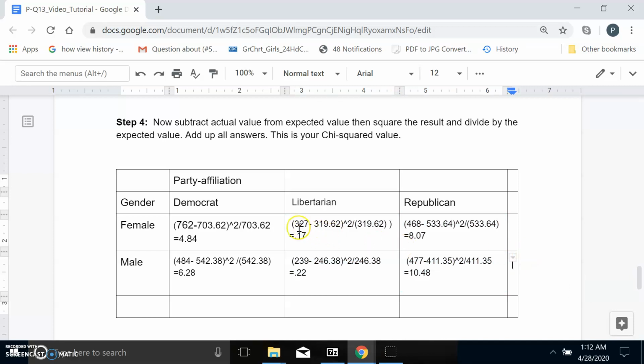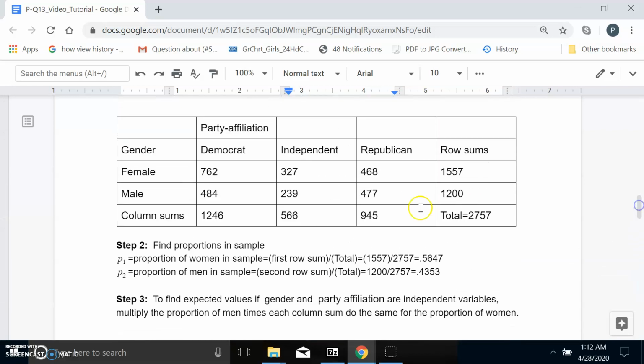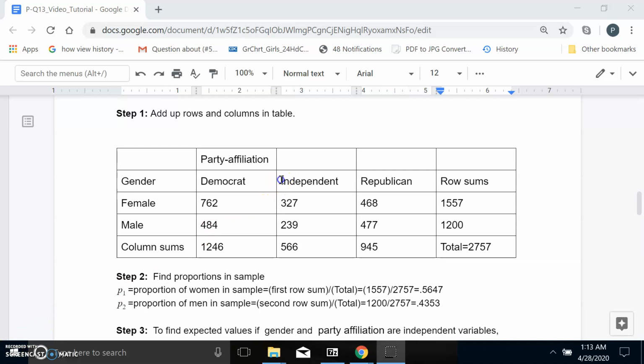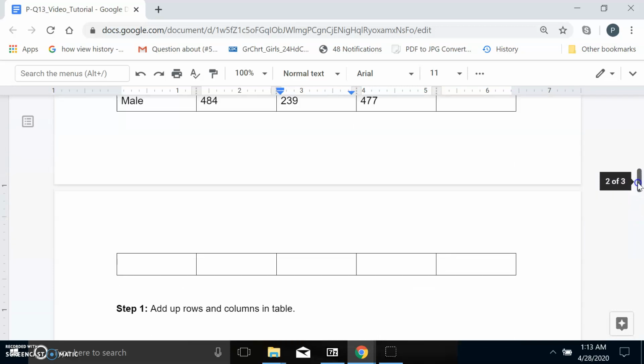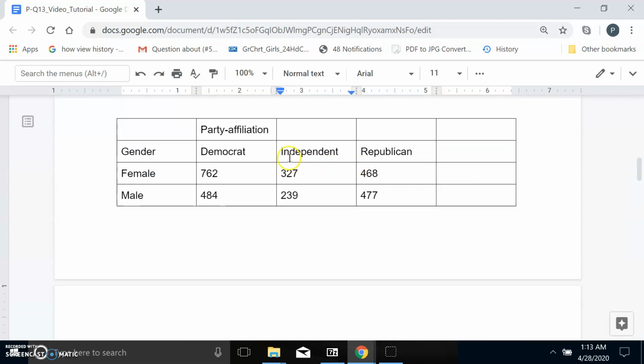So just to check, this one up here is 327. That should be the actual value for libertarian women. So go up here, 327. That's the actual value here for. Actually, I just noticed there's a mistake here. This should be libertarian. We've got independent for some reason, and I think on the top one we've got independent also. It should be libertarian. It'd be Democrat, Libertarian, Republican.